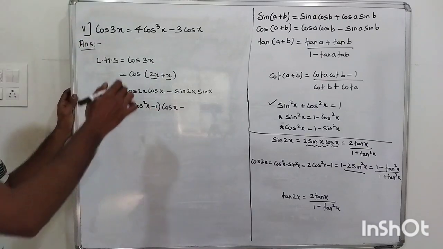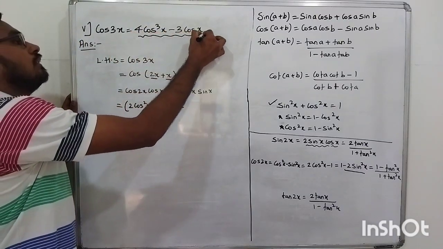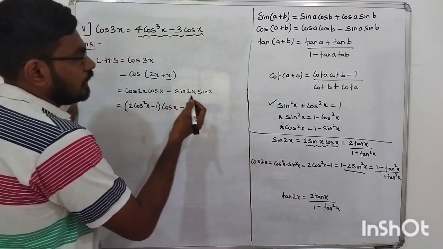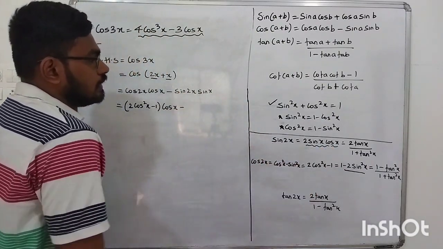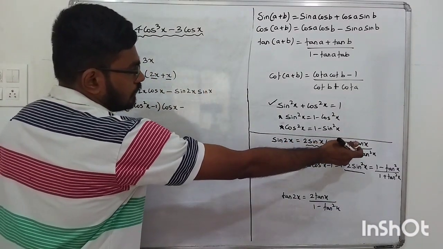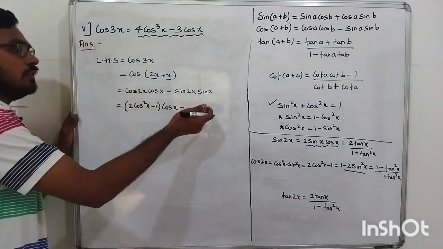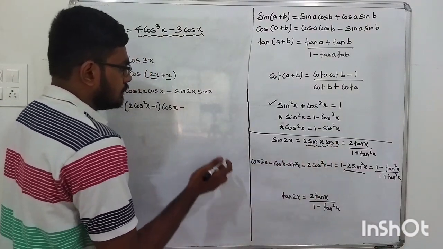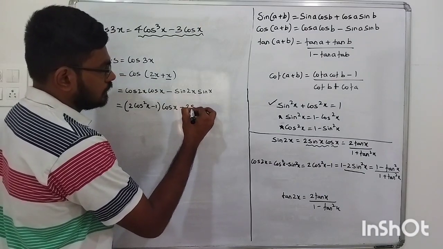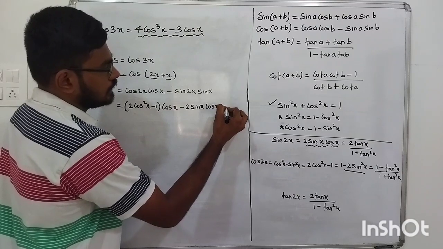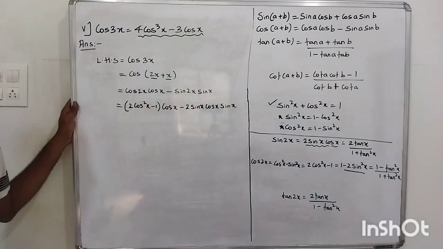Now here we have cos, that's why I am using this 2 cos square x minus 1 of this, and here we can't use any other formula. This obviously we will not use because there is cos here, and if you use this tan and all, it will become big formula, so this is not useful, so we will use this. So 2 sin x cos x into sin x. Okay, just simplify.